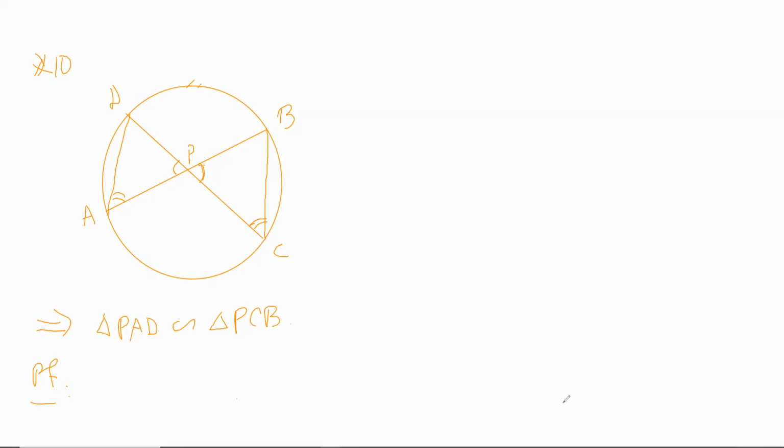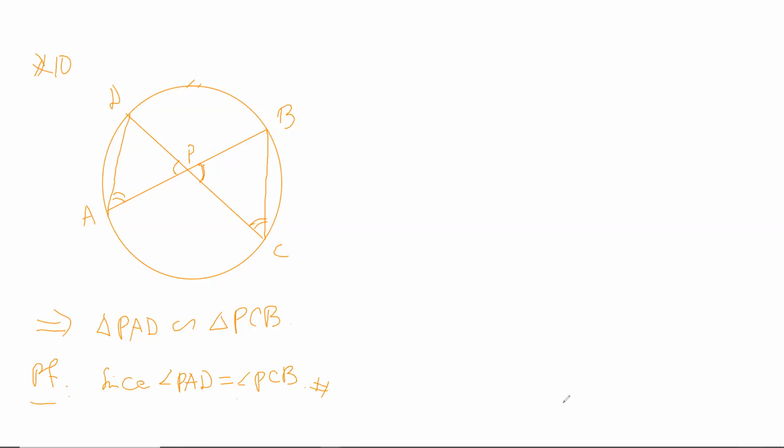Do you agree? You know what this similarity gives you? Since angle PAD equals angle PCB, and you also have the vertex angle at P, these two triangles are similar. So this is true. That's why it's trivial.